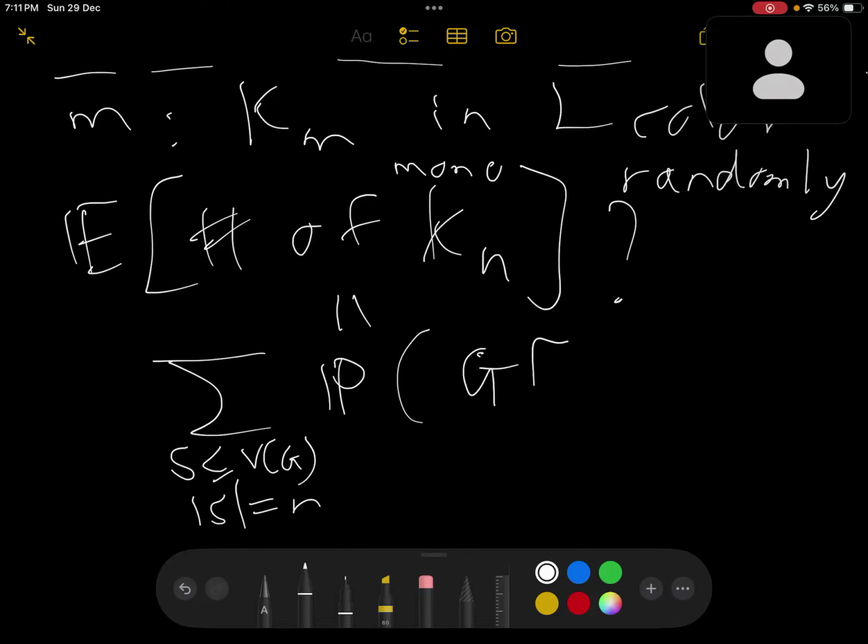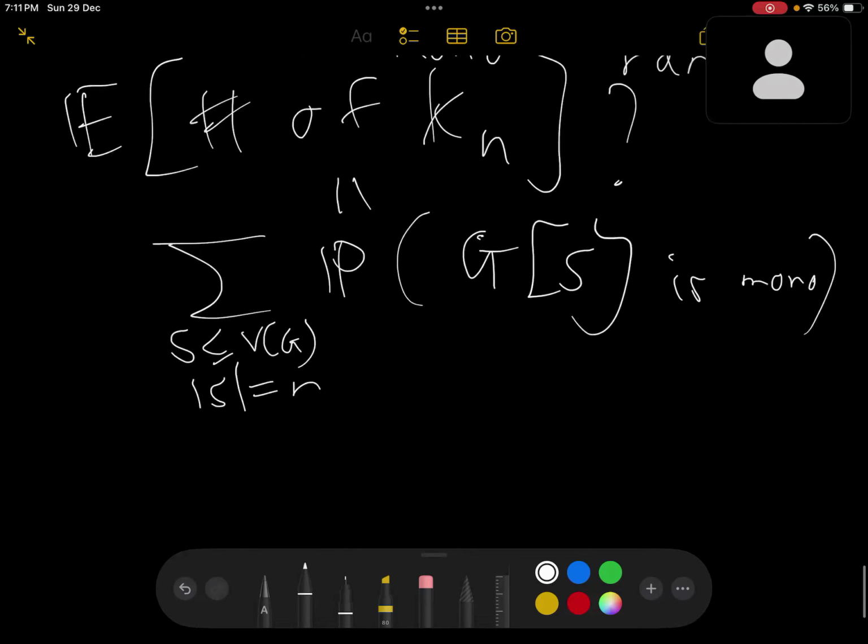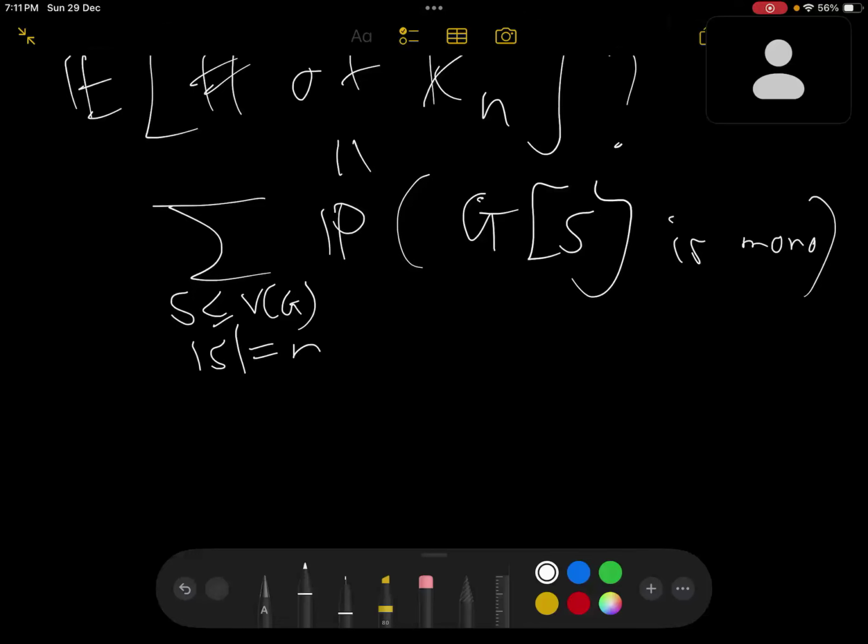I'm writing this as G_S, the subgraph induced by S. And this is the sum of the probability that G_S is mono over all possible subsets of V(G) of size n. This follows from linearity of expectation.